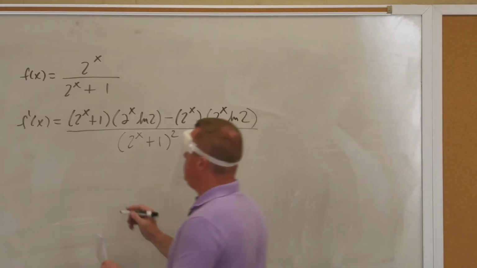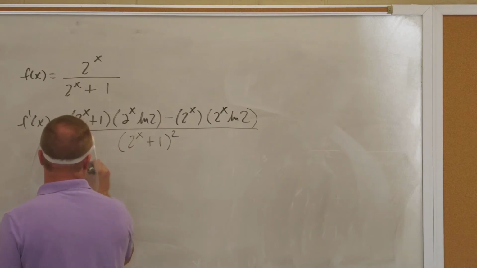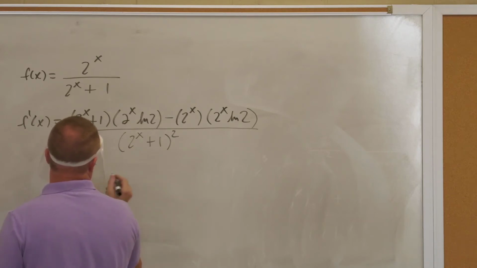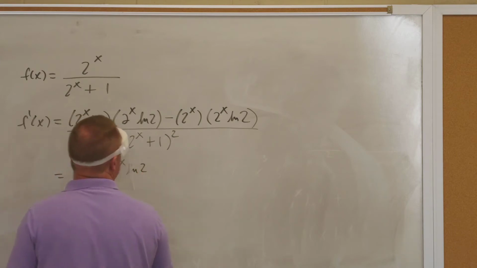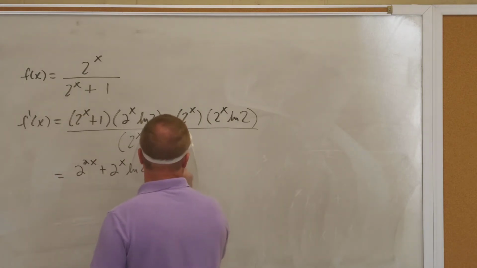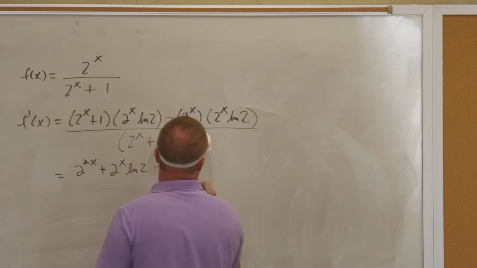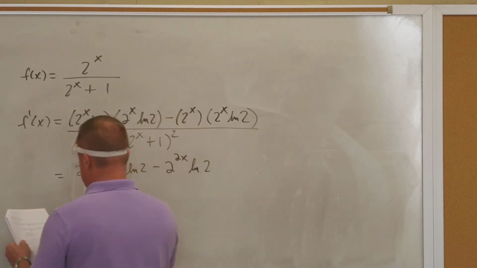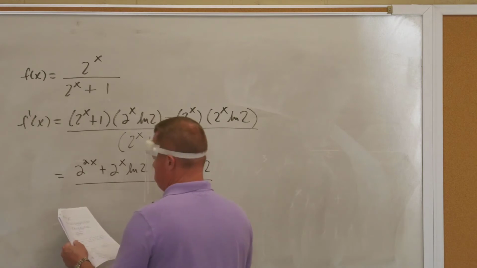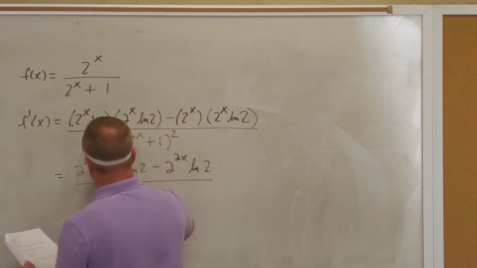So a little reducing here. Let's see what we've got. We'll have 2 to the x times 2 to the x will be 2 to the 2x power. And then 1 times that will be 2 to the x ln 2. Over here I would have minus 2 to the 2x ln 2 over the bottom. I left off the ln 2 here, sorry.